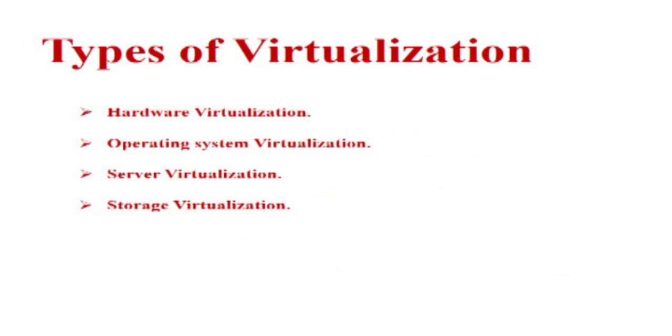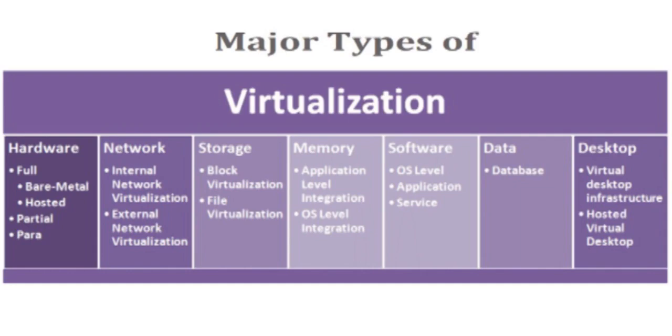Types of virtualization. When you come to types of virtualization, you have 4 types: hardware virtualization, operating system virtualization, server virtualization, storage virtualization. Now when you come to hardware virtualization, it is full, wherein you have bare metal and hosted.